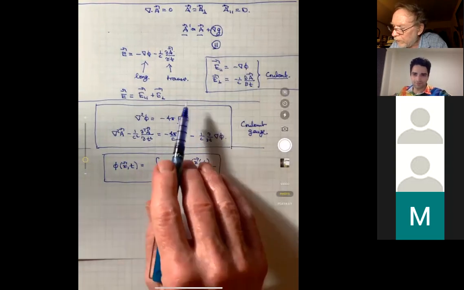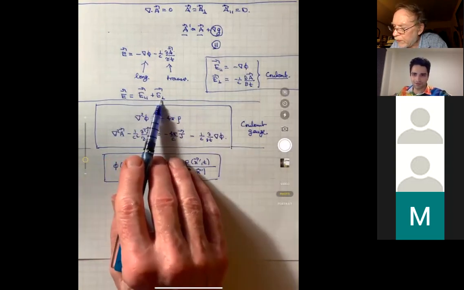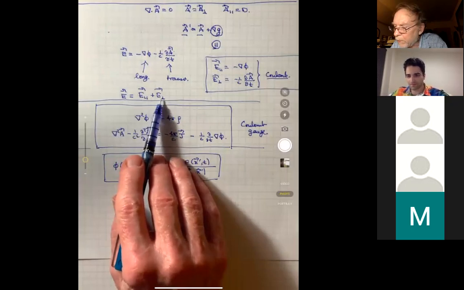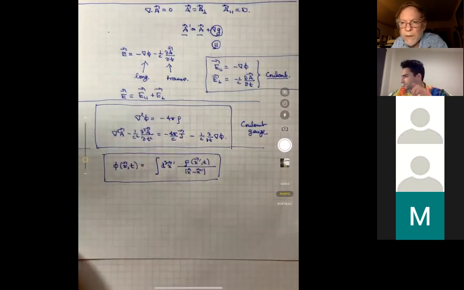However, the total electric field must be properly retarded. And therefore, the transverse electric field must contain both a retarded part and a non-retarded part in exactly such a way that the non-retarded part cancels out the non-retarded part of E longitudinal. And this, in fact, is the case.